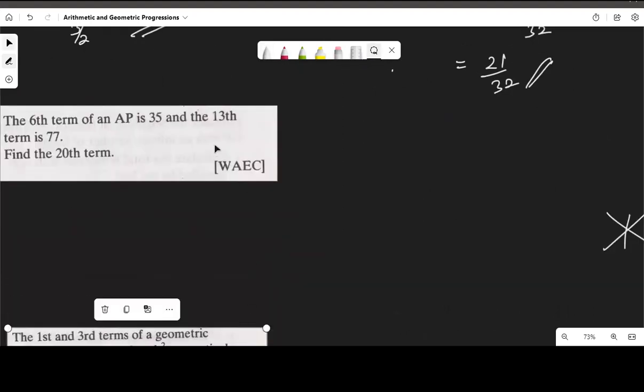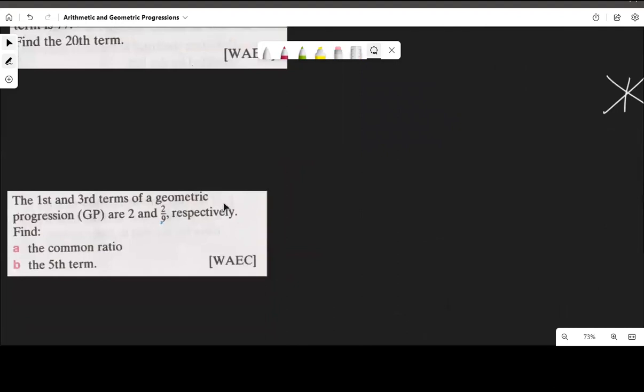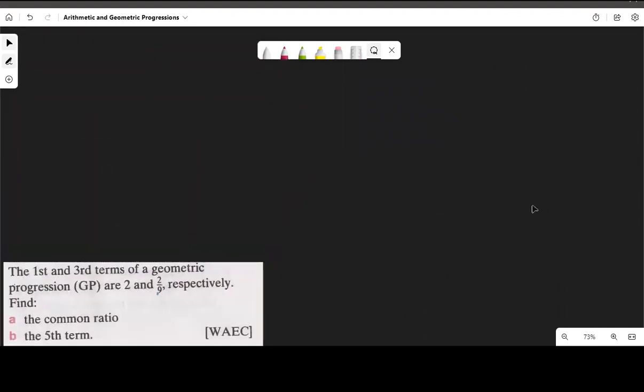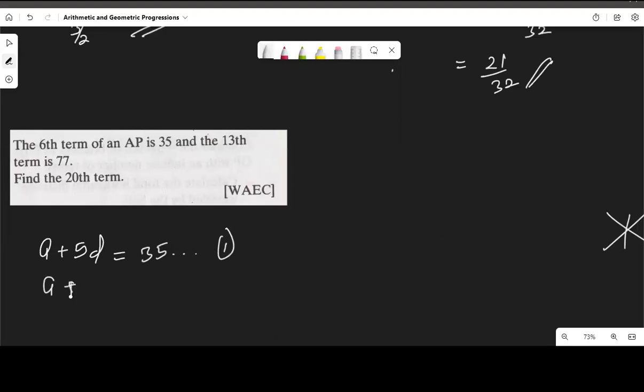And we have some WAEC past questions here. First one says, the sixth term of an AP is 35 and the 13th term is 77. Find the 20th term. The sixth term of an AP is A plus 5D. According to the question, it is 35. Let's call that equation 1. The 13th term is A plus 12D, which according to the question is equal to 77.